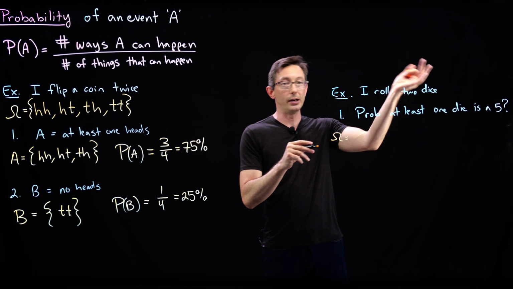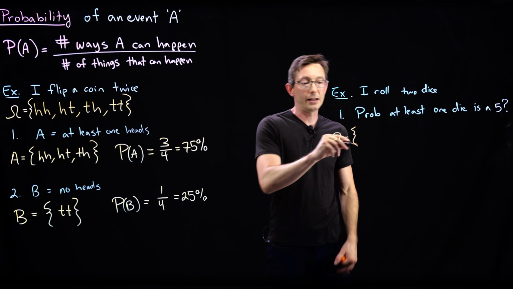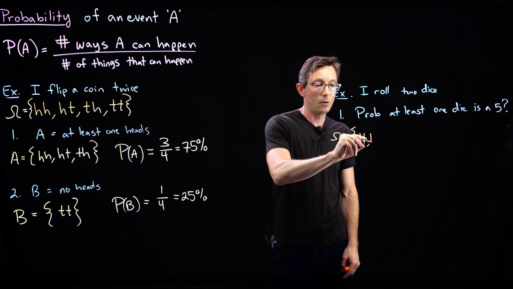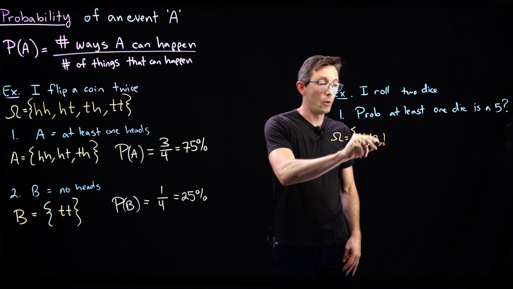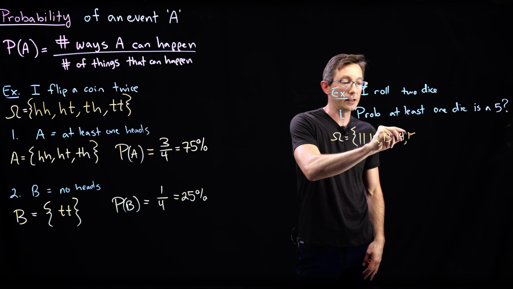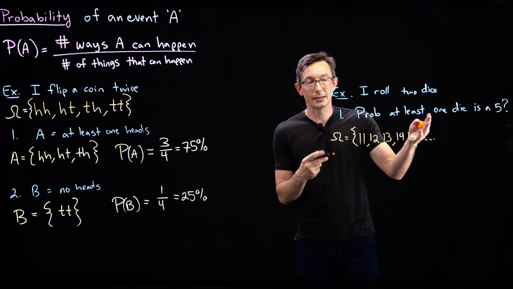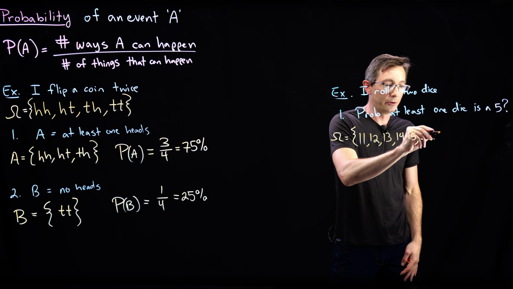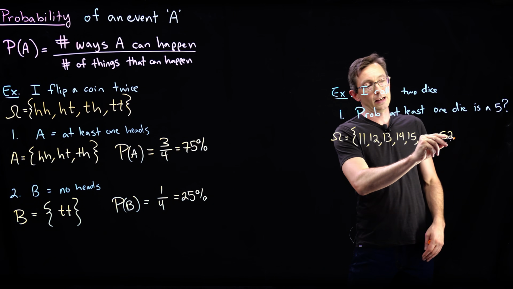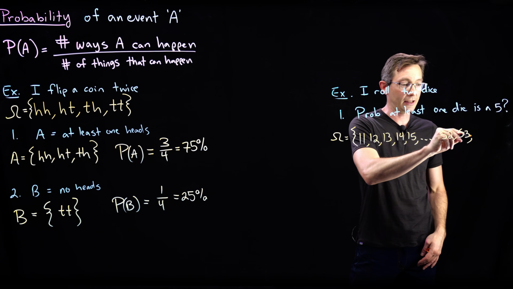How many possible ways can I roll 2 dice? Well, the set of all dice rolls, I could get a 1 on the first die and a 1 on the second, 1 and 2, a 1 on the first die and a 3 on the second, a 1 on the first die, 4 on the second, and so on and so forth. I could get a 5 on the first die and a 2 on the second, a 5 on the first die and a 3 on the second.